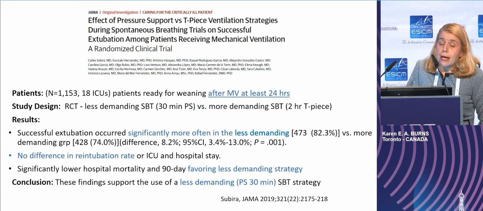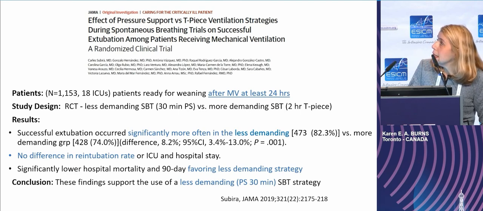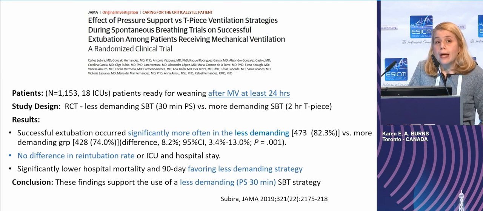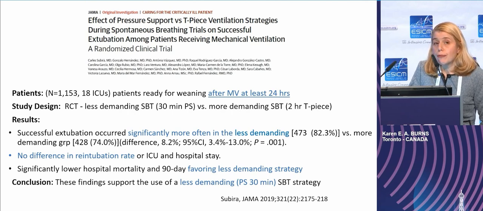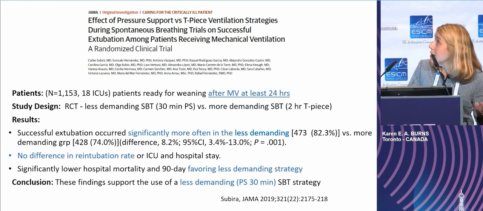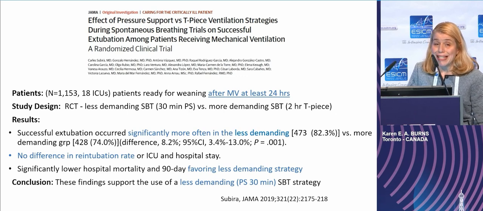So after the consensus guidelines came out from ATS and ACCP, this large trial conducted in Spain appeared in JAMA. What they did was compare a less demanding SBT strategy, pressure support for 30 minutes, versus what they considered a more demanding strategy, a T-piece SBT, but this time a 2-hour SBT.